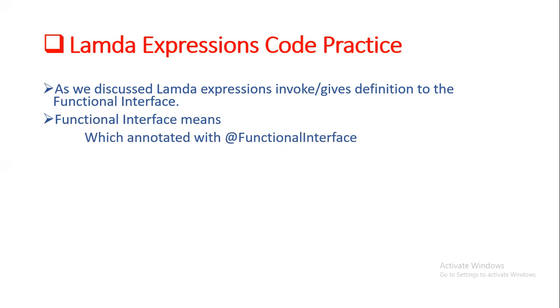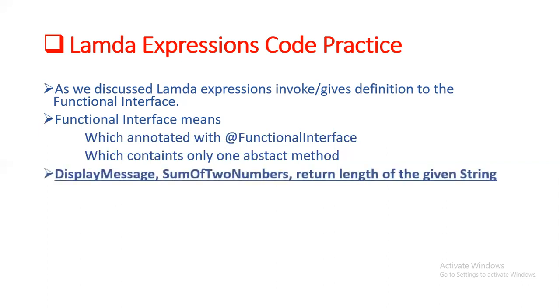The second is that our interface should contain only one abstract method. As of now, these two points are enough, and the remaining stuff we'll learn later. To do our code practice, these two points are enough.